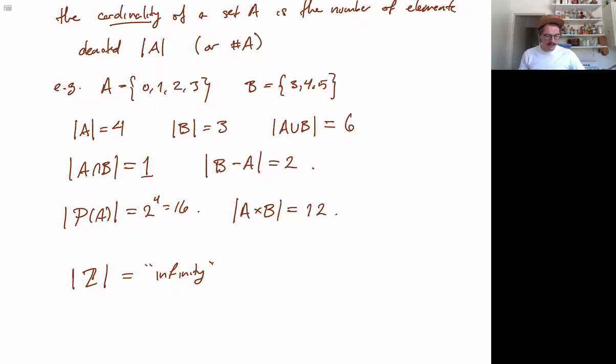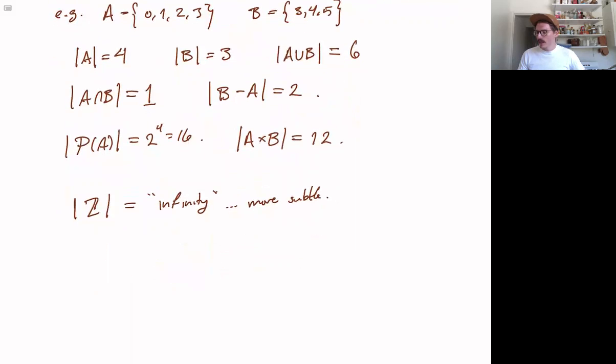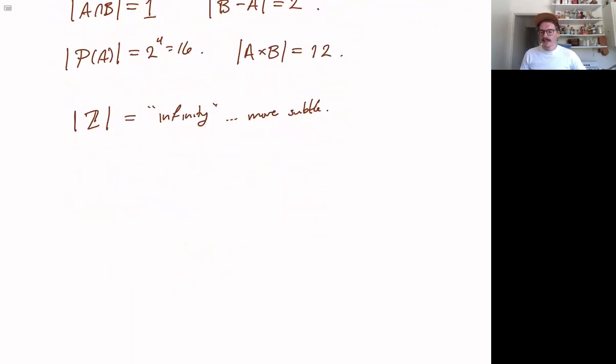There are infinitely many elements. And over the course of this lecture, we will try to figure out how to talk about these things in a precise way. So we need to be a little more subtle about this. So let's start by making some definitions that work equally well for finite sets and infinite sets.